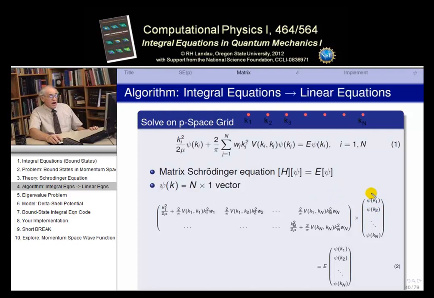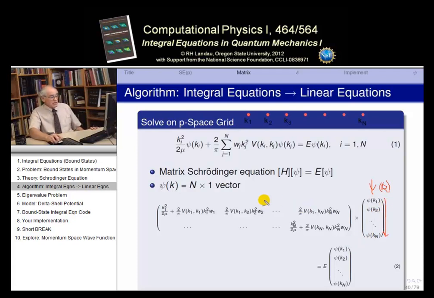And here we have our wave vector, psi of k. And notice, what did I just call it? I called it the wave vector. The term wave vector comes from quantum mechanics viewed in matrix terms because this is now just a vector. It's an n by 1 dimensional matrix, which is a vector. So the wave function is in fact a vector.